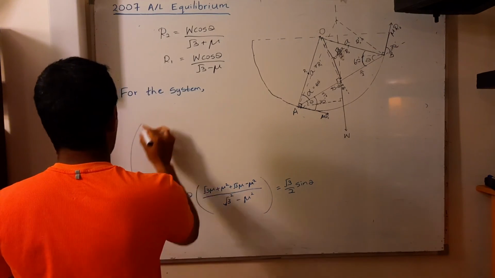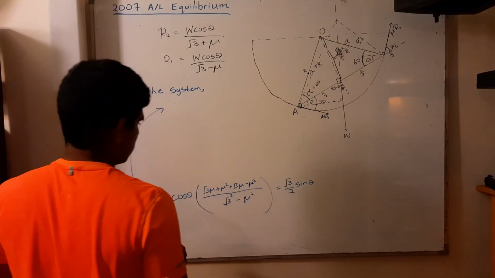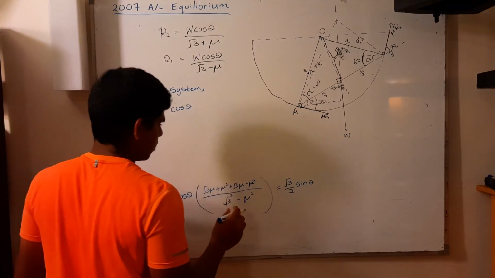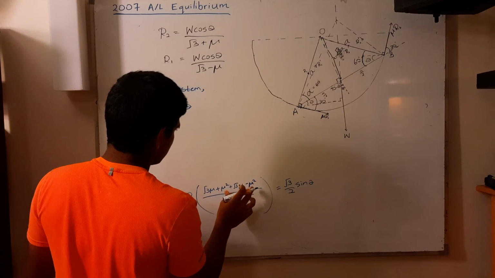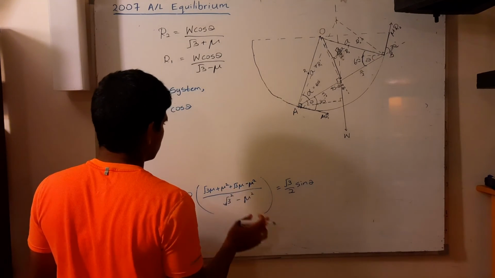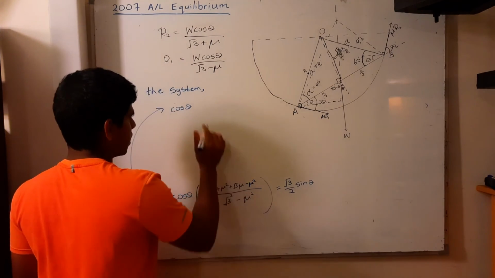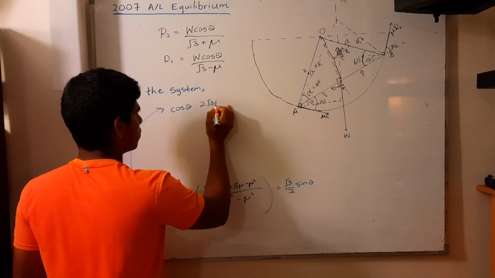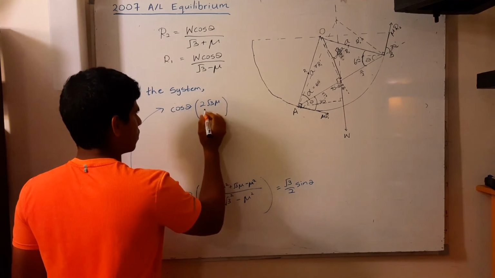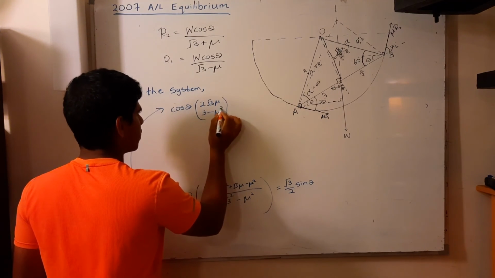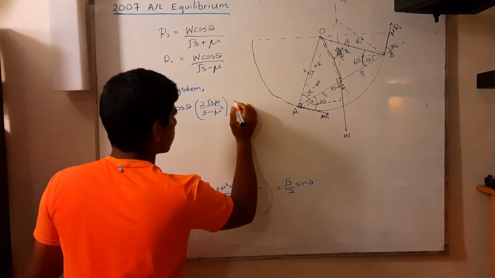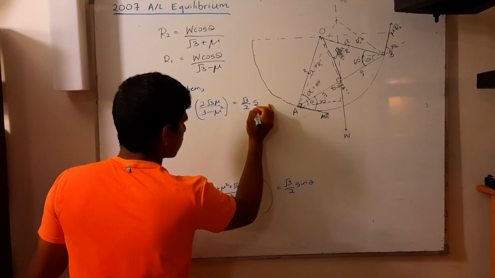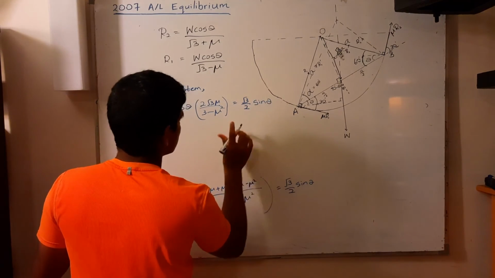Okay, so I'm just going to take it up here. You can see cos theta comes out. The mu square plus mu square minus mu square gets cancelled out. So it becomes cos theta times 2 root 3 mu over 3 minus mu square, equals root 3 over 2 sin theta.